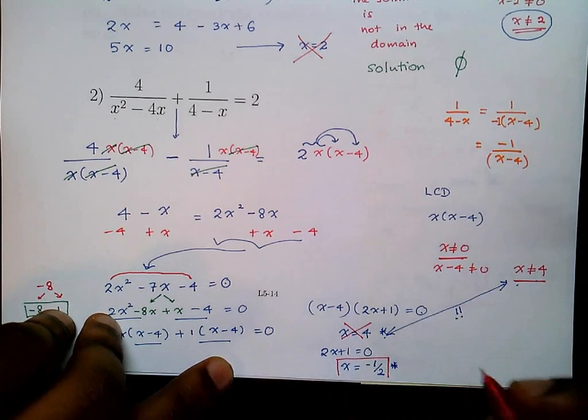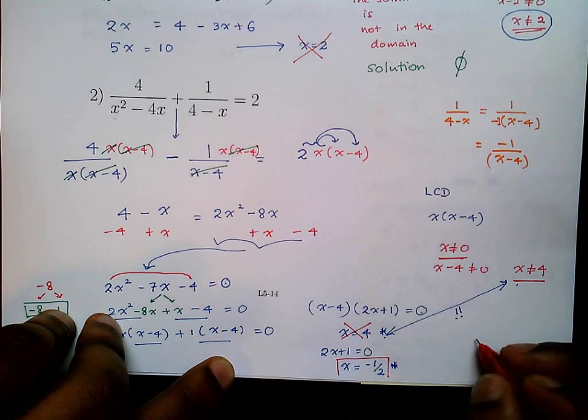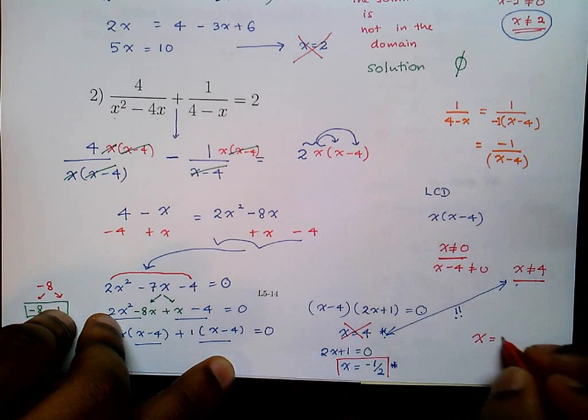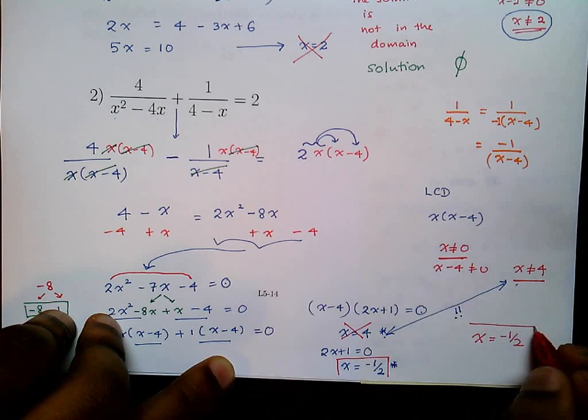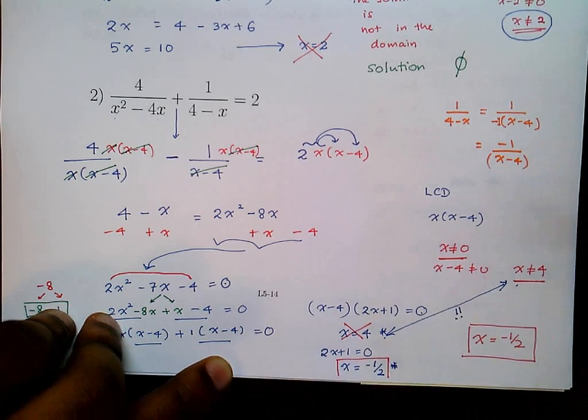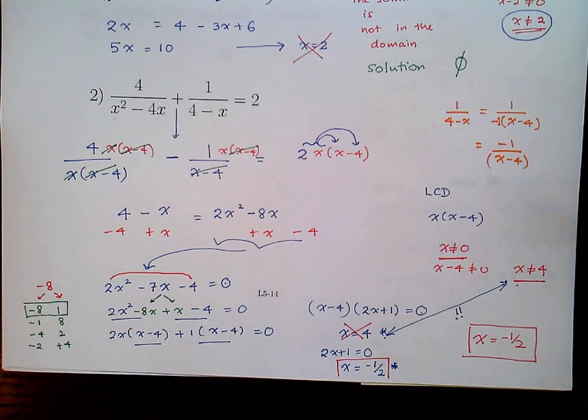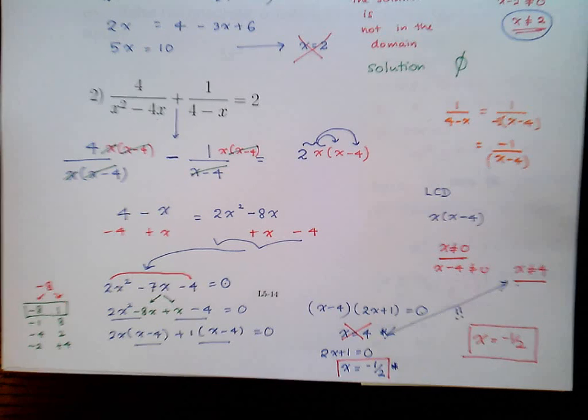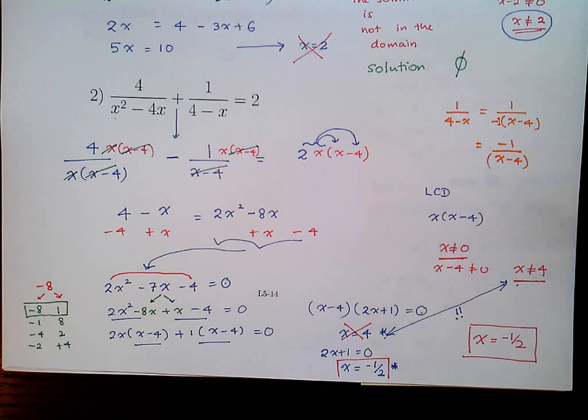So this one has a solution, which is x equals negative 1 half, the only solution. Okay, so with that you should be able to do any of those types of rational equations. Just to check your understanding, please do the question that appears on the screen.